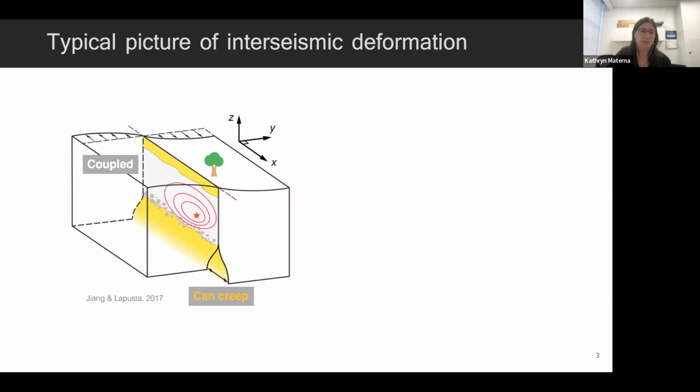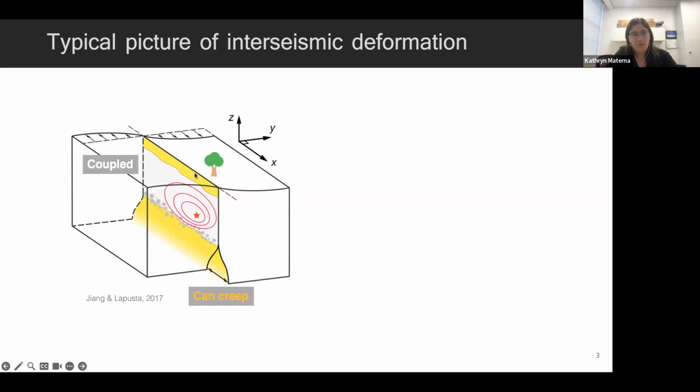Outside of that highly coupled region, sometimes we understand that there are shallow parts of the fault that can creep, and creep refers to the displacement along the fault that is slow, imperceptible, usually not seismic movement.